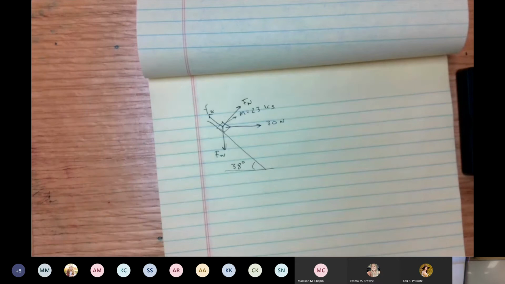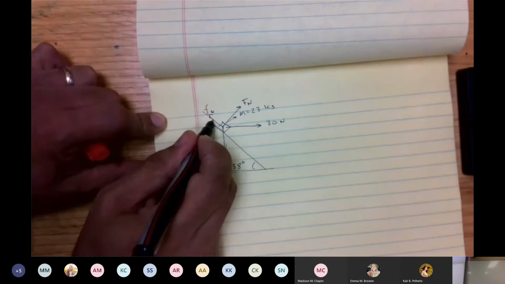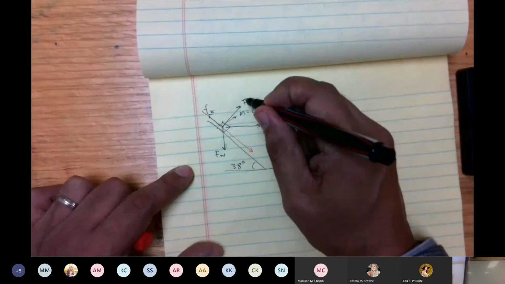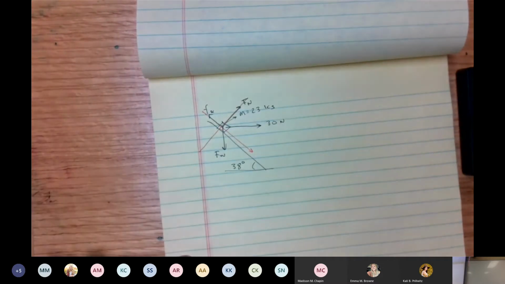So I'm gonna do the free body diagram. I'm gonna place a reference frame, and I'm gonna put the x-axis parallel to the ramp. So the x-axis is gonna be like this, and this is gonna go like this. Okay. So this is gonna be my y-axis.